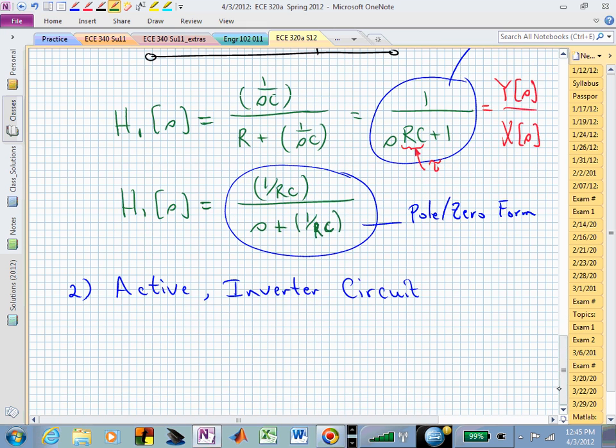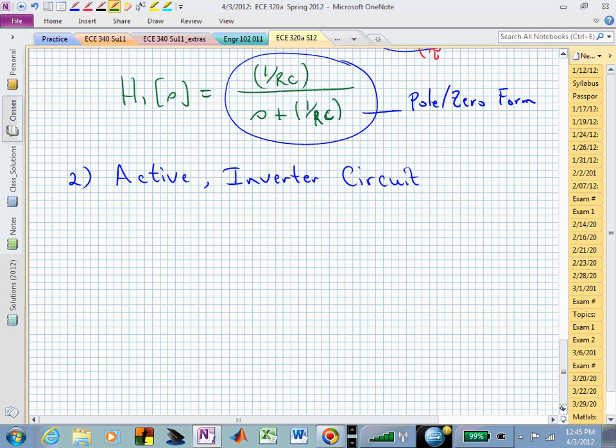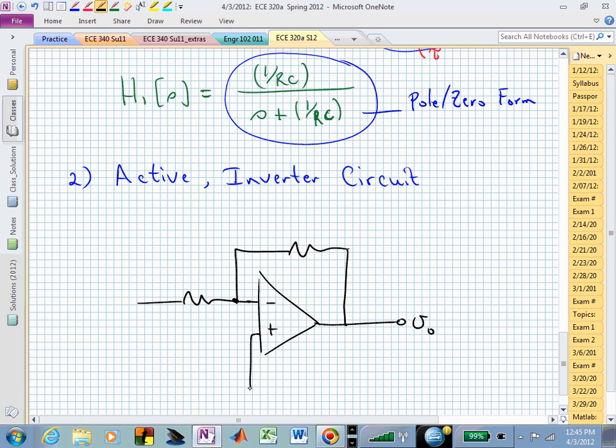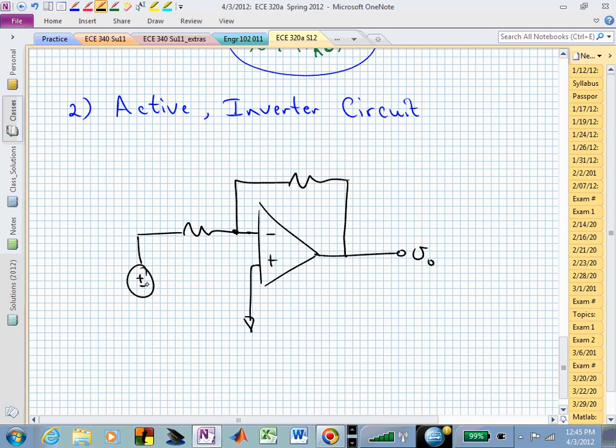Let's now look at another circuit which we haven't looked at in this class, I don't believe. It's an active circuit, and it's an inverter circuit. Now we have an active device.